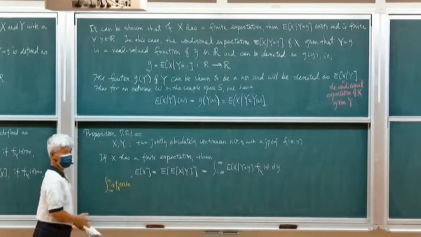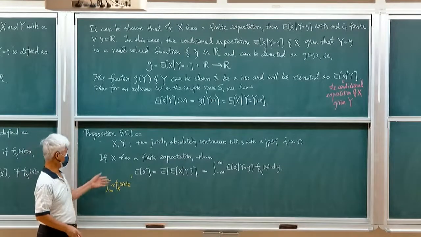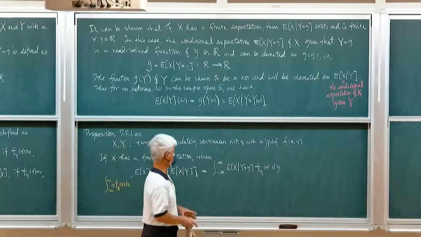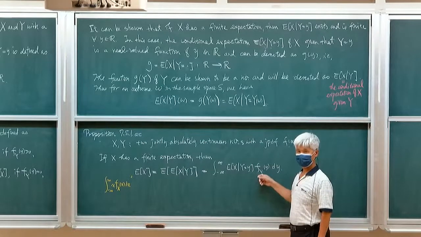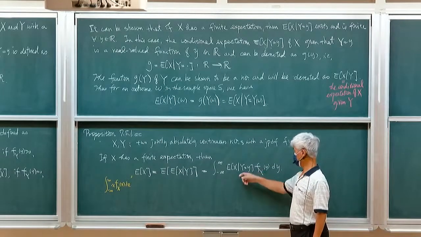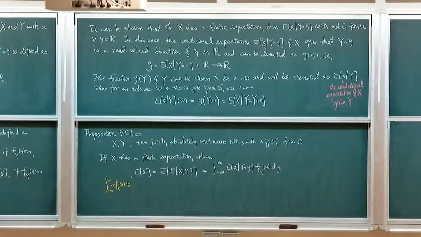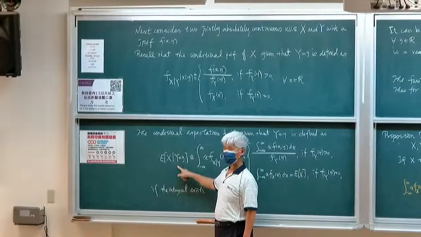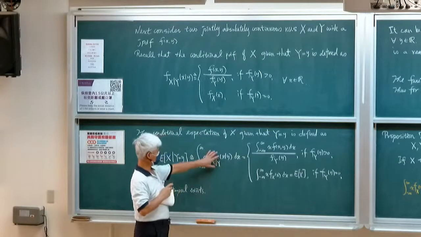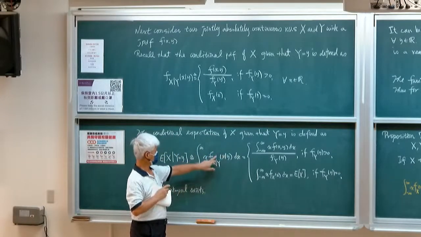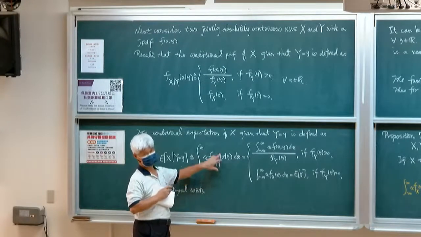But if this way is difficult, or by the nature of the problem, you are able to find the marginal PDF of random variable y, as well as the conditional expectation of random variable x given that random variable y equals little y through some easily obtained conditional PDF of x given y.